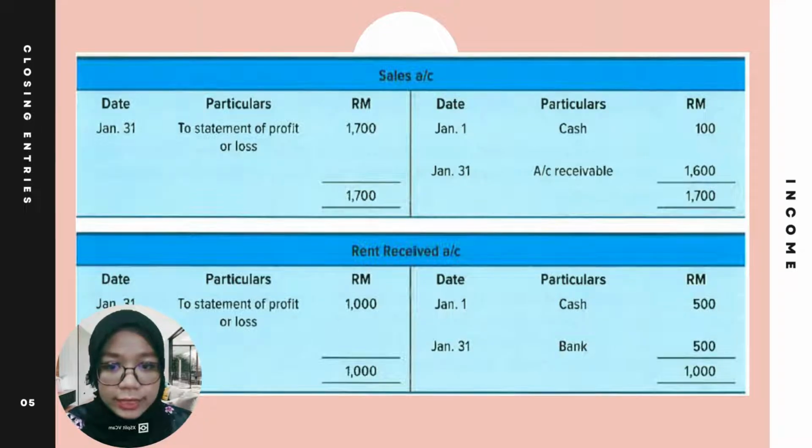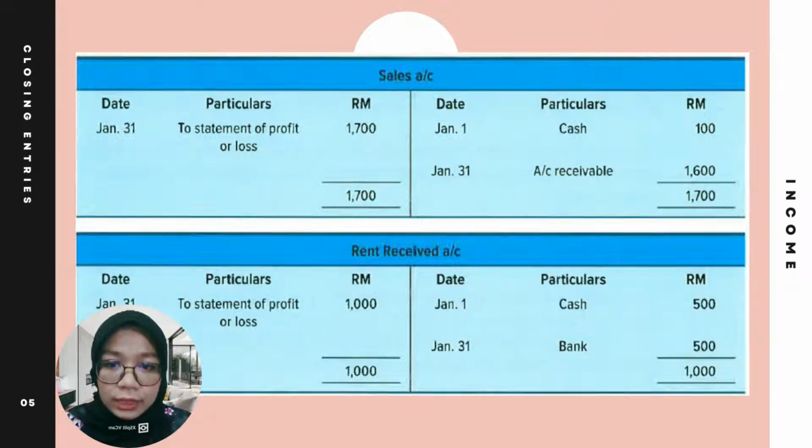These are examples of the ledgers, or the T accounts, of income accounts. For example, the sales account. On January 1st, it incurred cash sales of 100, and on January 31st, it incurred credit sales of 1,600.